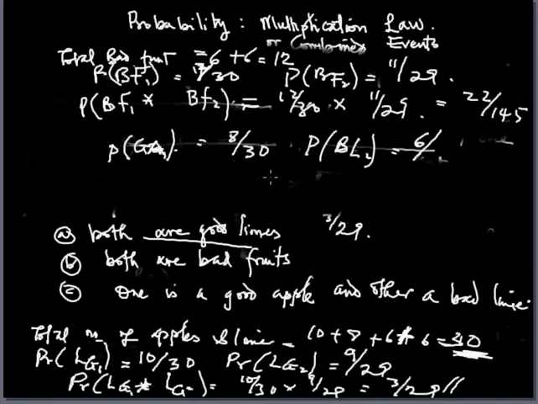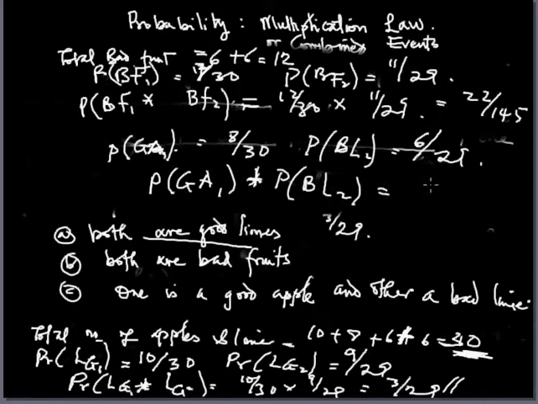So the probability of two being selected at the same time is going to be P(GA1) multiplied by P(BL2), which is 8 over 30 multiplied by 6 over 29.